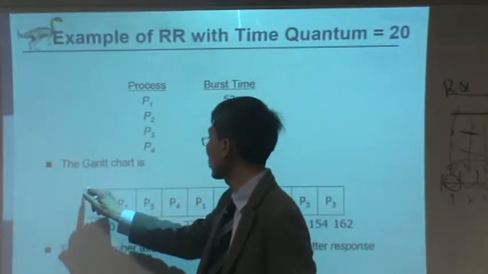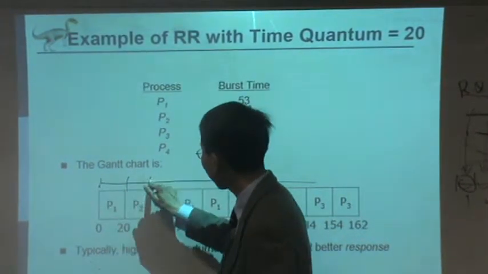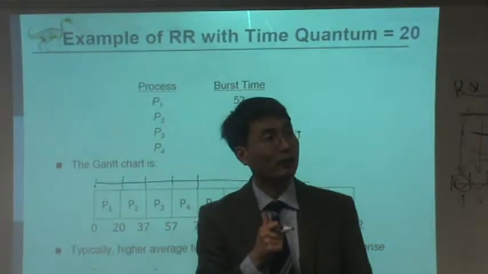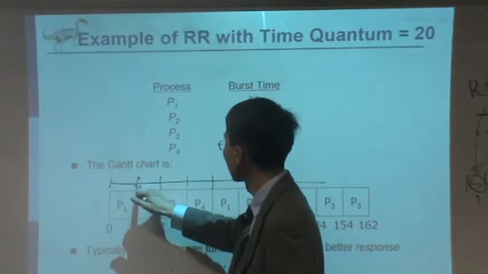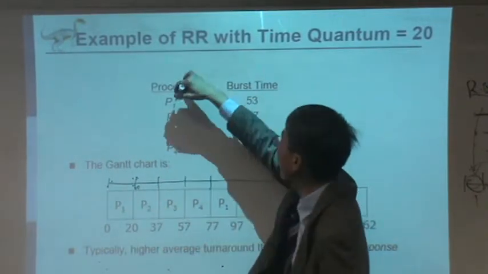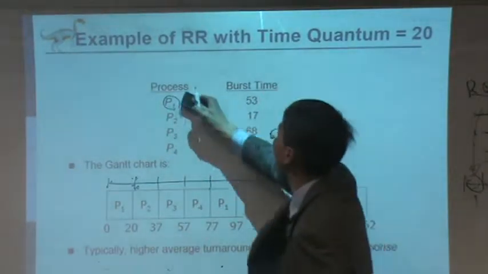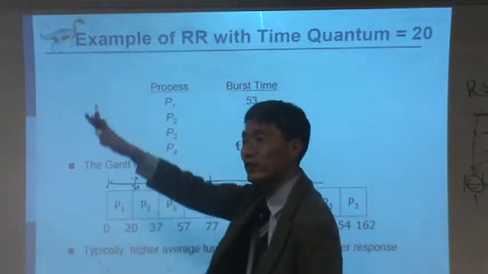So we are going to segment the CPU time by 20. We will use the order as it is in the ready queue.